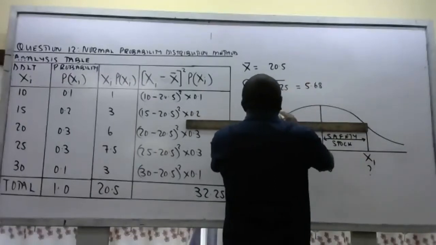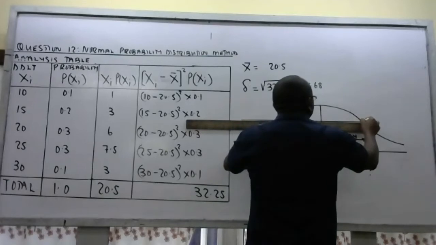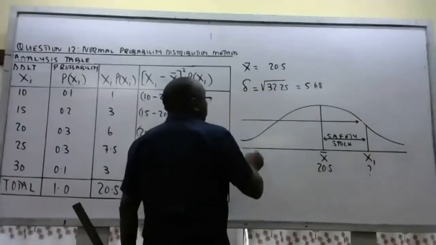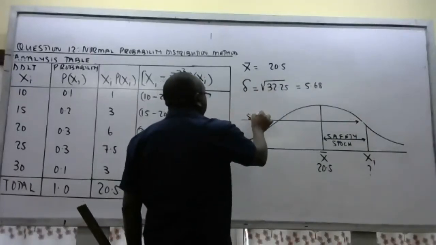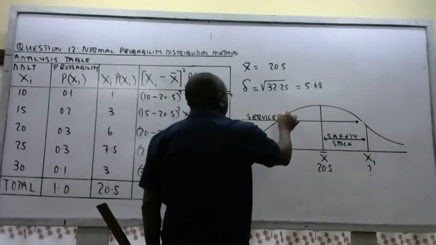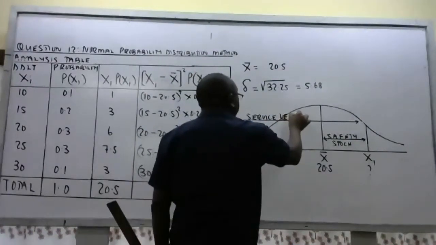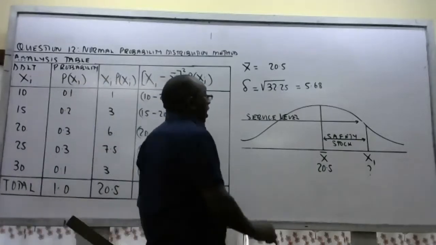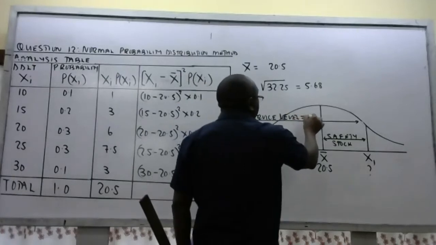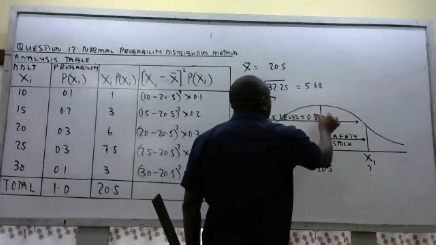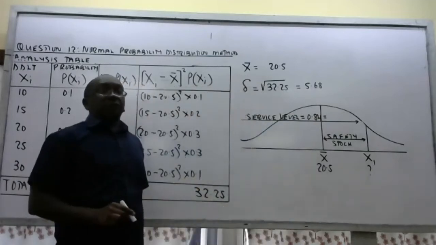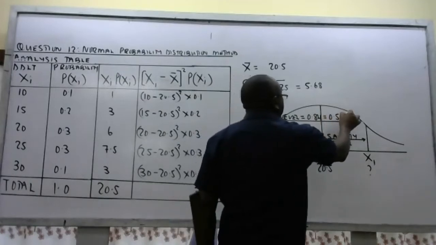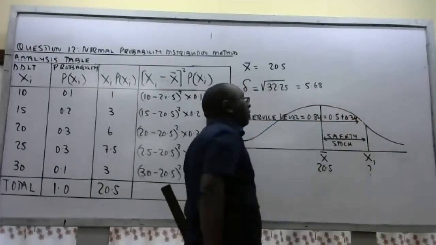And then the whole of this at this point is our service level. And this service level, we know it is 0.84. And this 0.84 can be broken into two. It is 0.5 plus 0.34.